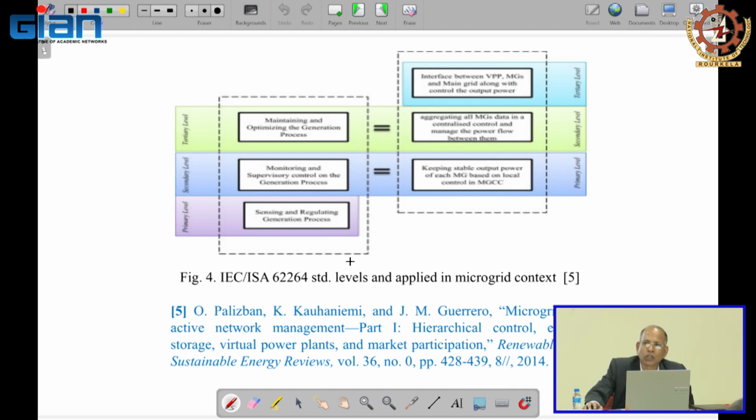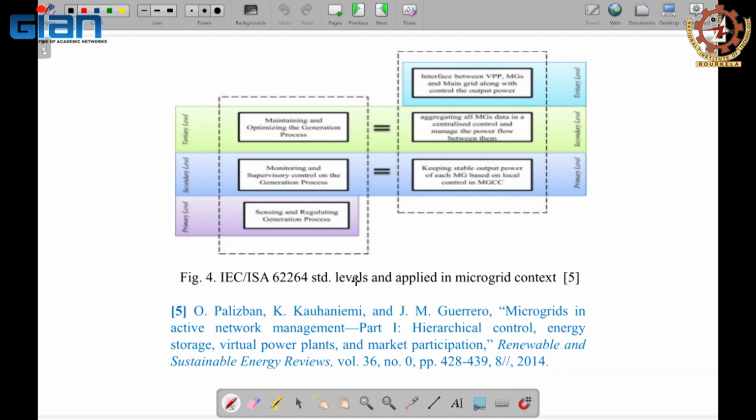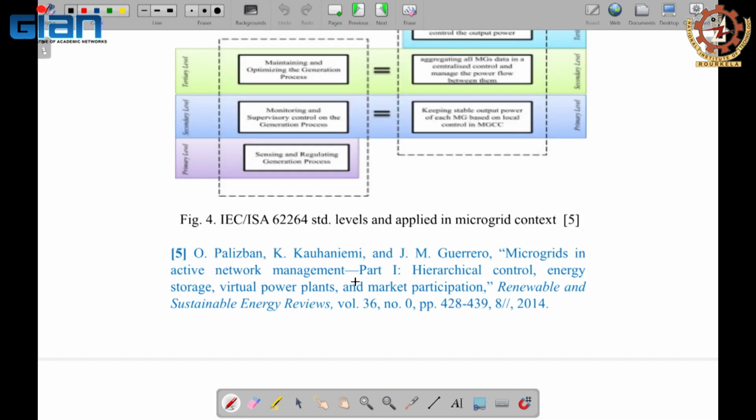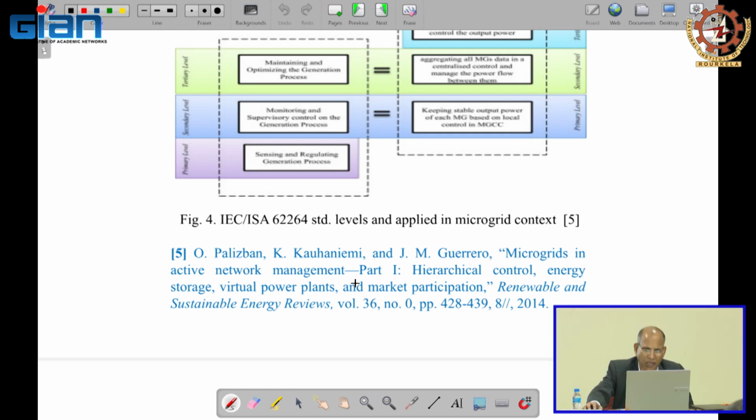Some of these references are where these figures are taken from. As you do research in this direction, you can refer back to this literature and these key references if you want to go into more detail on those topics.